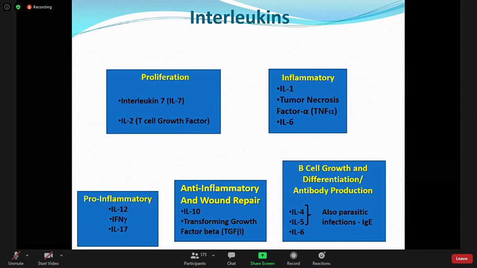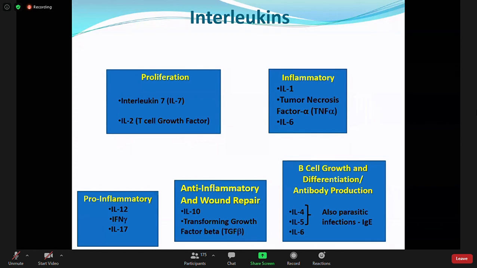Why do we separate cytokines as pro-inflammatory and inflammatory? Pro-inflammatory cytokines are those which induce the production of inflammatory cytokines.